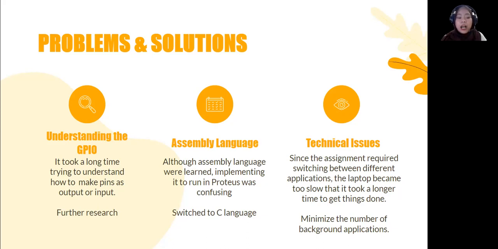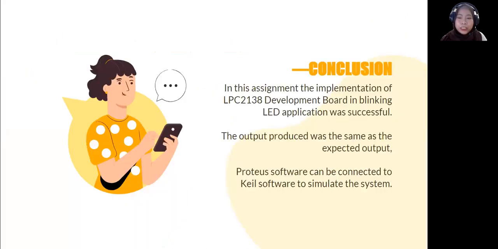So how I managed to reduce the severity of the problem, so that I can get the assignment done, is that I minimize the number of background applications. So my laptop will survive throughout the whole process.